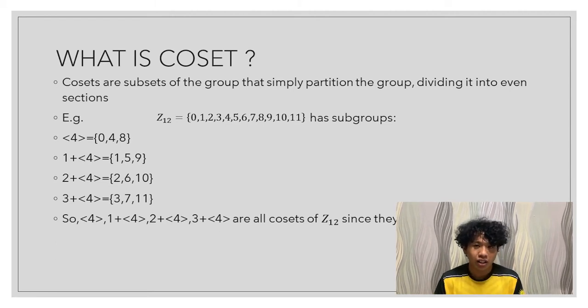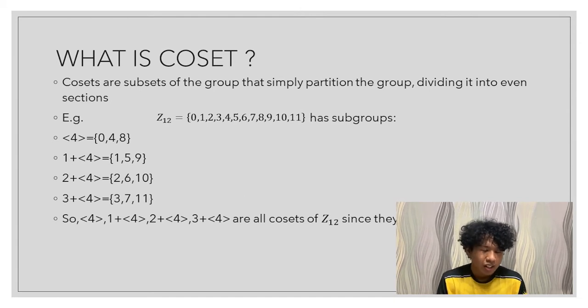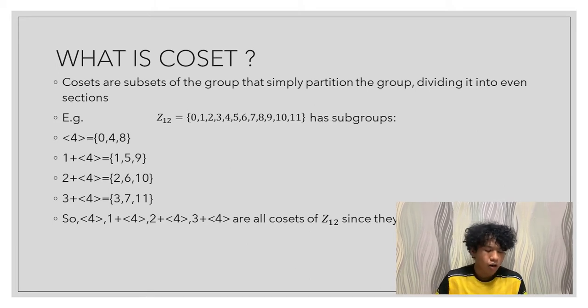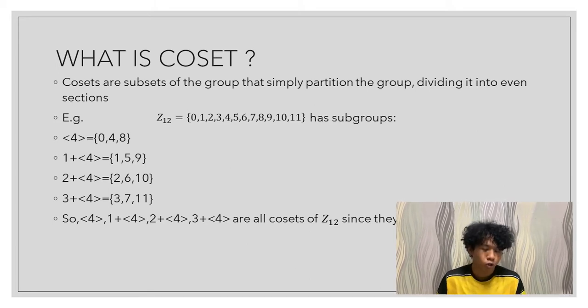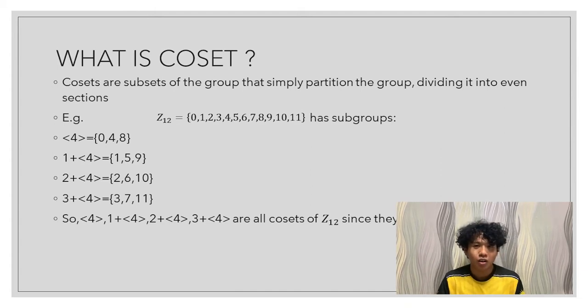When we add 2, we get 2, 6, and 10. When we add 3, we get 3, 7, and 11. So we can say that the subgroup <4>, 1 plus <4>, 2 plus <4>, and 3 plus <4> are all cosets of integers modulo 12, since they partition the integers modulo 12.